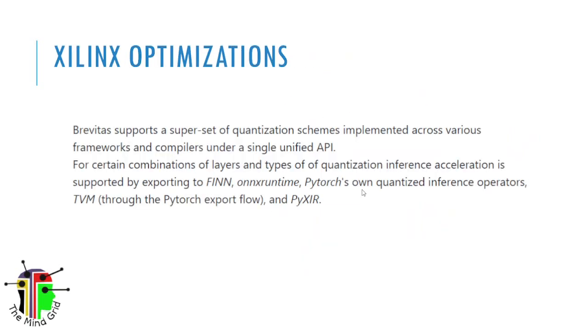So some of the things that we see in the market today: if you look at Xilinx, which is one of the FPGA vendors, they have created this library called Brevitas. And this is just one of the libraries which allows for quantization schemes that are applicable in these cases.